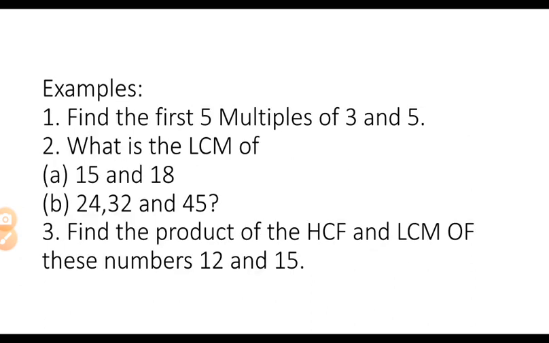Now, in our first example, we are going to be looking at how to form multiples of 3 and 5. So, we are expected to find the first 5 multiples of 3 and 5 in our first example.